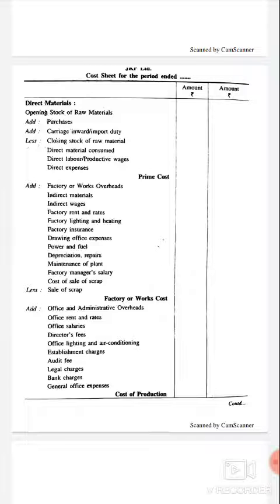When we add office overheads in works cost, then the cost will be called cost of production.